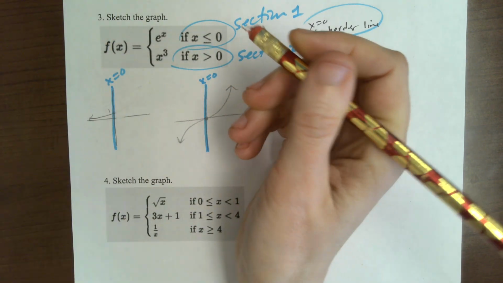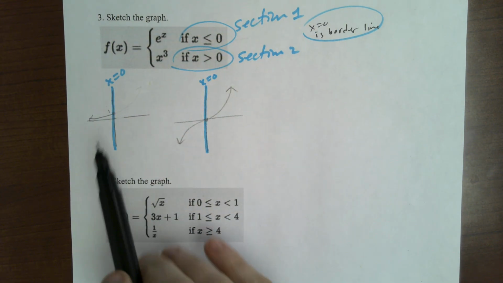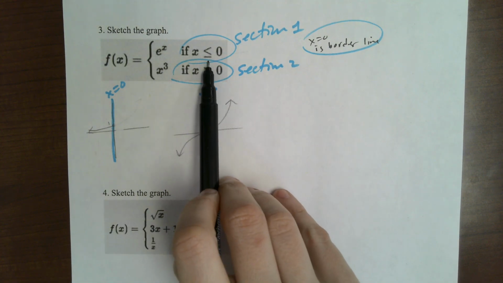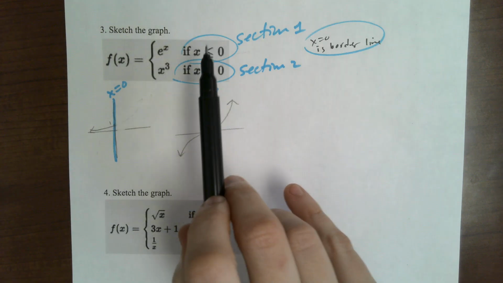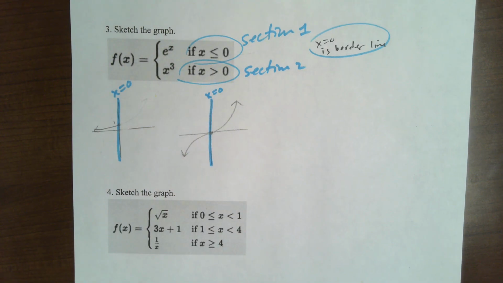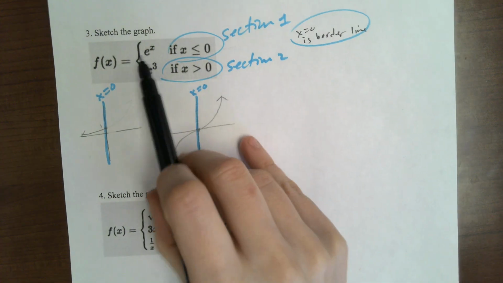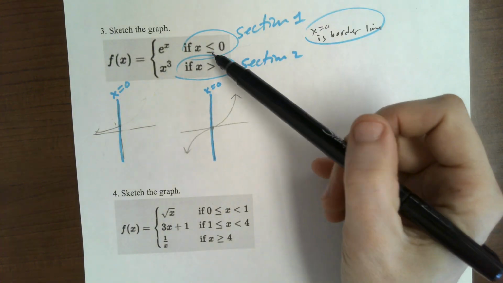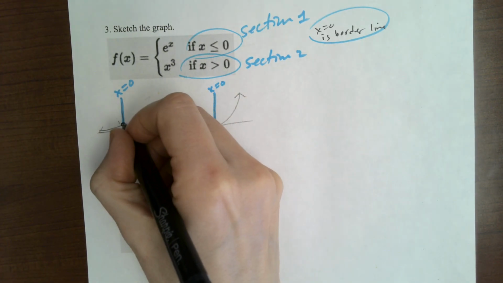Now you've got to decide if there is an open or closed circle on the borderline, and this is where the or equal to tells you. So x is less than or equal to 0. Sorry, I'm losing my train of thought. We need closed because it's an or equal to, so we're including it.